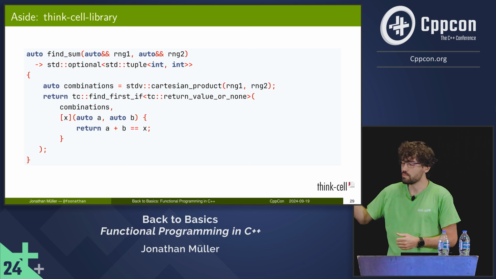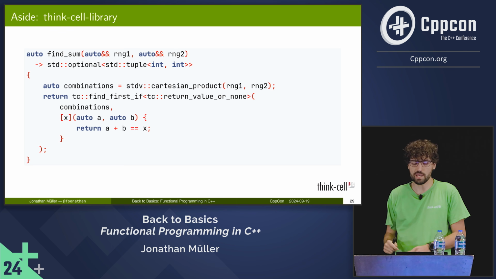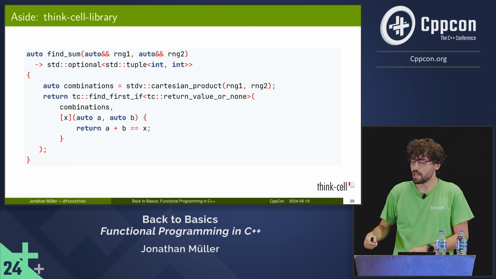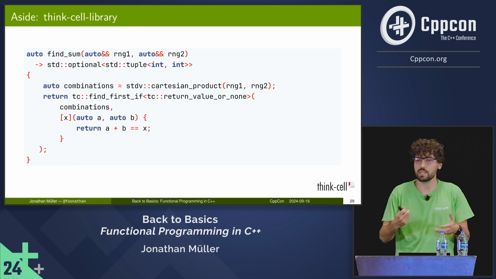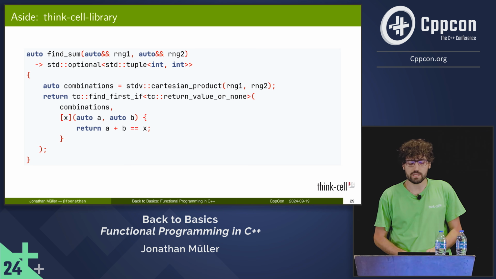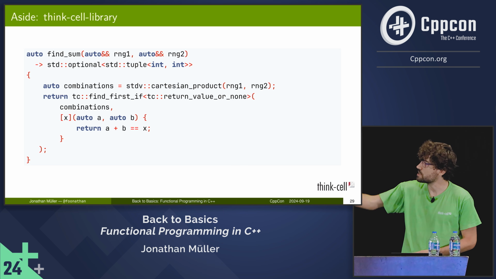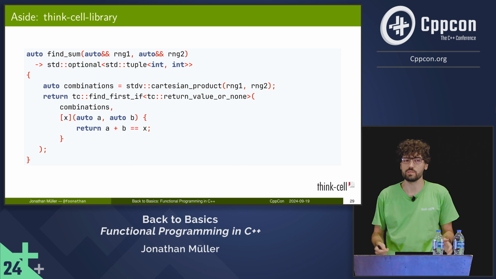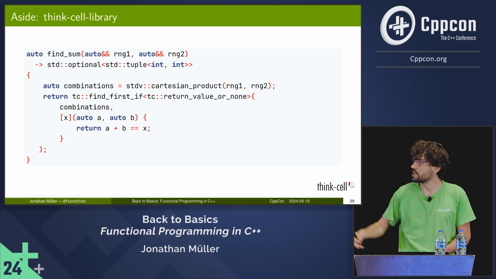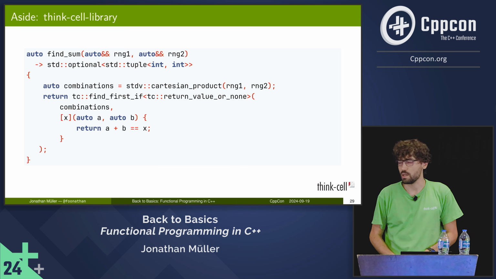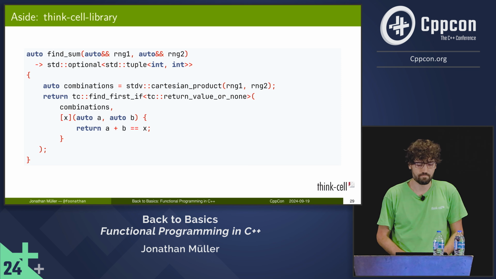So we just get the individual elements out of the tuple, a and b, and can write that more easily. And then the second thing is return_value_or_none. This allows us to specify the return value of find. In this case, we want an optional value, and so we say return_value_or_none. Similarly, we also have return_bool, return_iterator, and so on. It's incredibly convenient. We've got dozens of those combinations, and that way you don't have to manually wrangle the iterator.